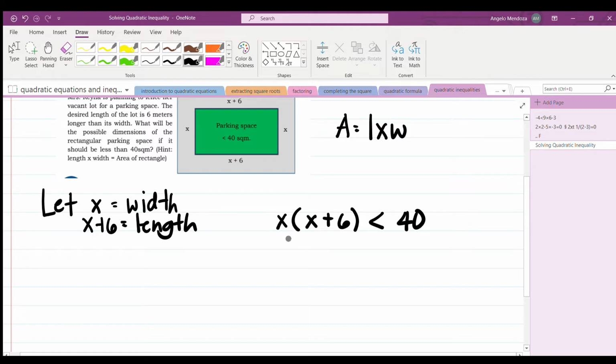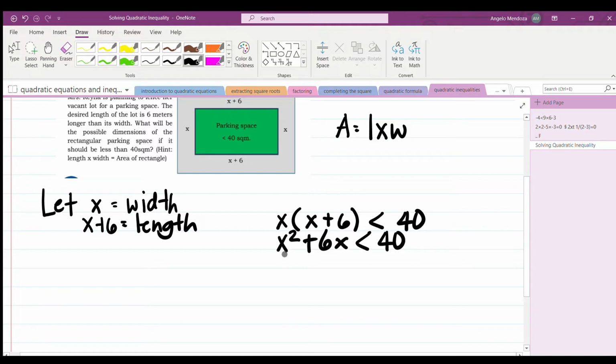The next thing is we're going to solve. We're going to distribute x here. So you have x times x, so that's x squared, plus x times 6, so that's 6x. It's less than 40. In order to solve the inequality, let us first solve for the roots by making the inequality an equation.